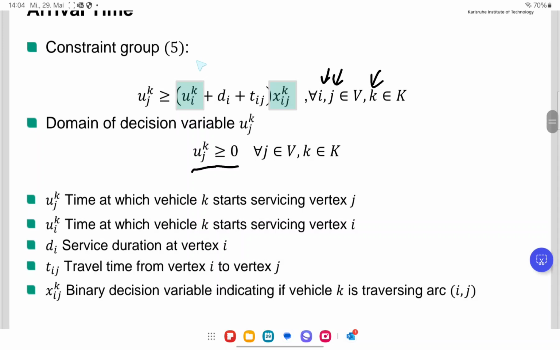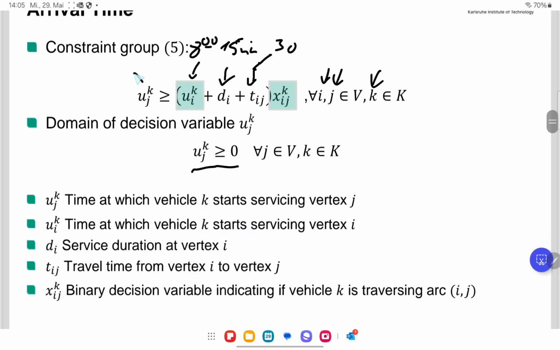So this one is simply the time at which vehicle k starts serving vertex j. So it's leaving at, let's say, 8, plus the service duration, so we need 15 minutes, so it's 8:15. This is the service duration, plus the time traveling from i to j, it's half an hour. So if this is 8 a.m., this takes 15 minutes, this takes 30 minutes.